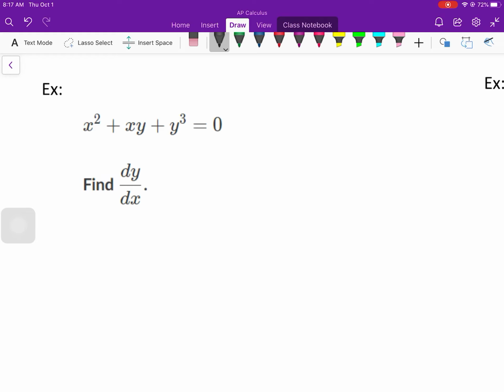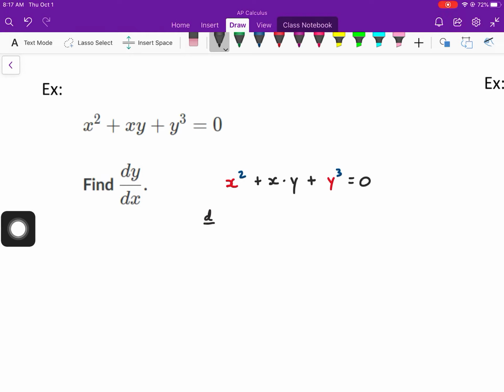So if we take this derivative, so let's just picture that squared. So we have x squared. So x is like the inner function, and squared, there we go, we got the outer function, then plus xy plus, and then once again we have an inner function of y and an outer function of cubed, and that equals 0. So I'm going to take the derivative in respect to every single thing here.